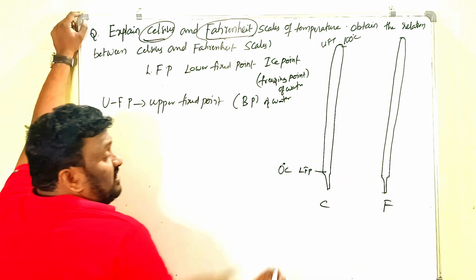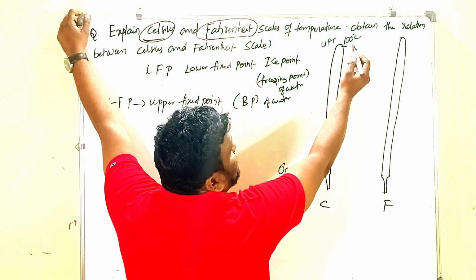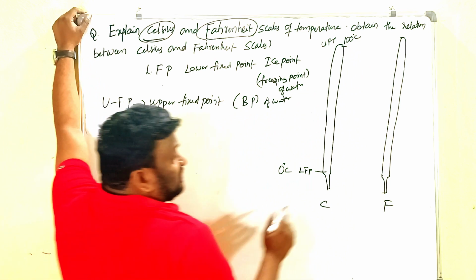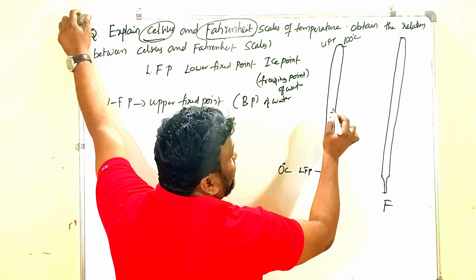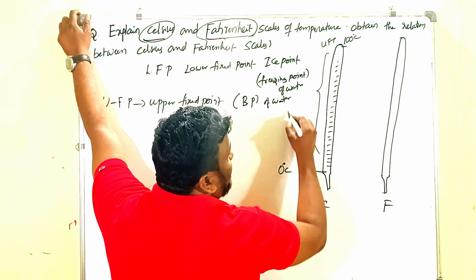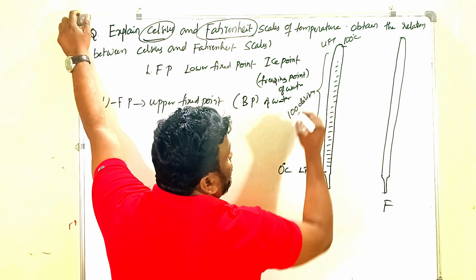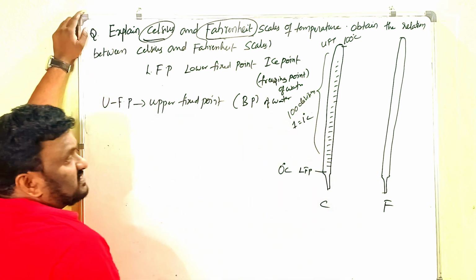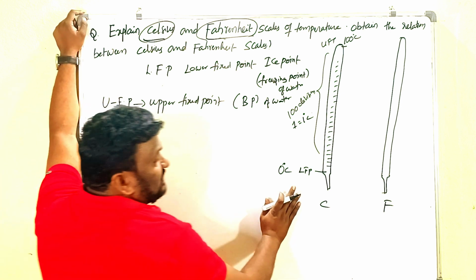The length between these two is divided into 100 equal parts, and each division is 1 degree Celsius.